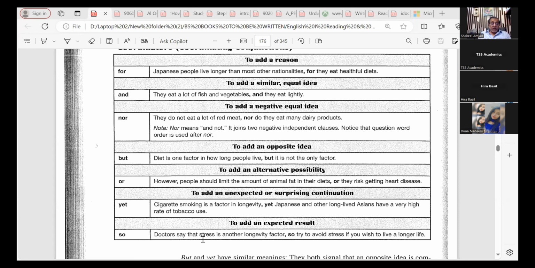Doctors say that stress is another longevity factor, so try to avoid stress if you wish to live a longer life.